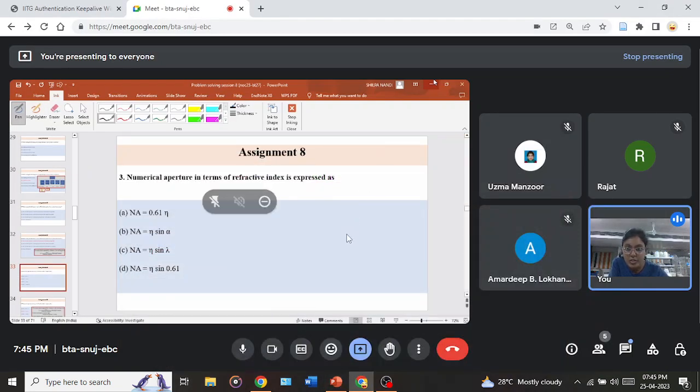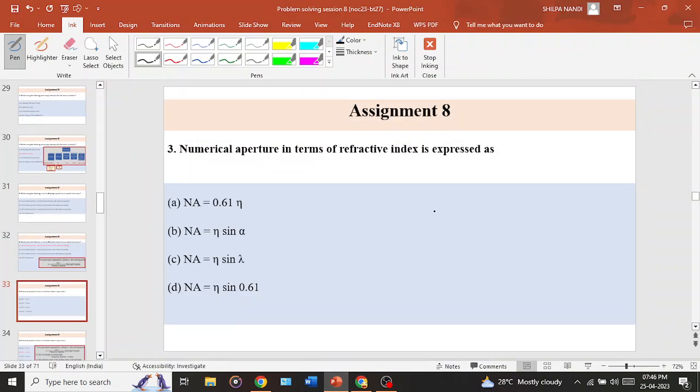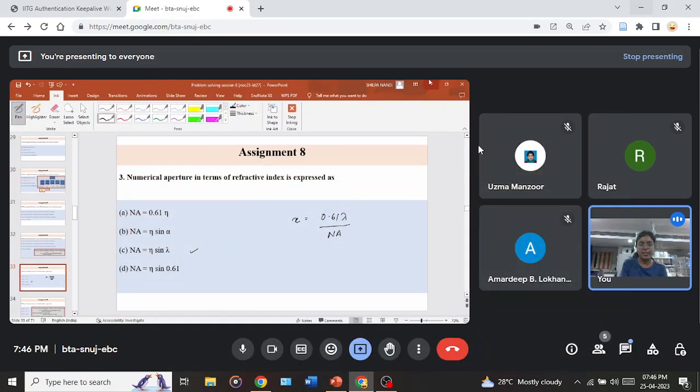So in the previous question it was already said that x is equal to 0.61 lambda by numerical aperture, right? And you are saying that this should be the correct answer. So think a bit and then try to get the answer.